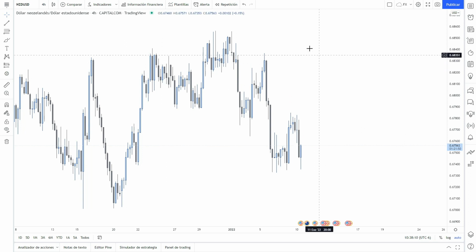So, let's talk about structure. This is a very simple concept, but it is very powerful because it helps us determine our direction. It helps us determine our trend. And I'm a trend trader, so all the setups I share are based on trend trading.